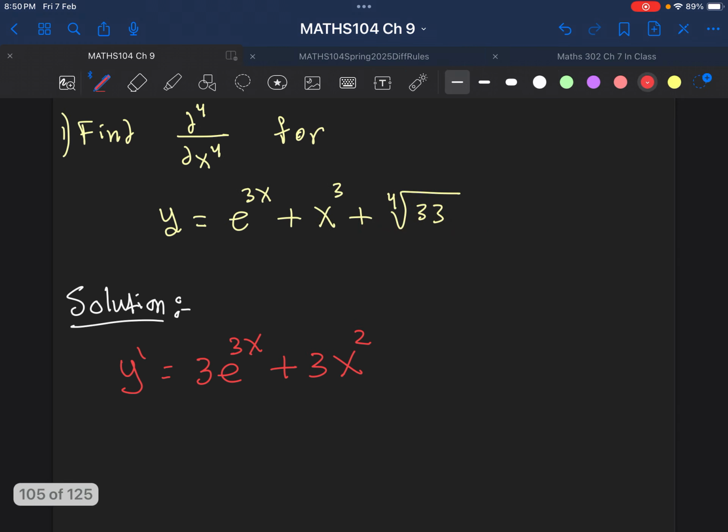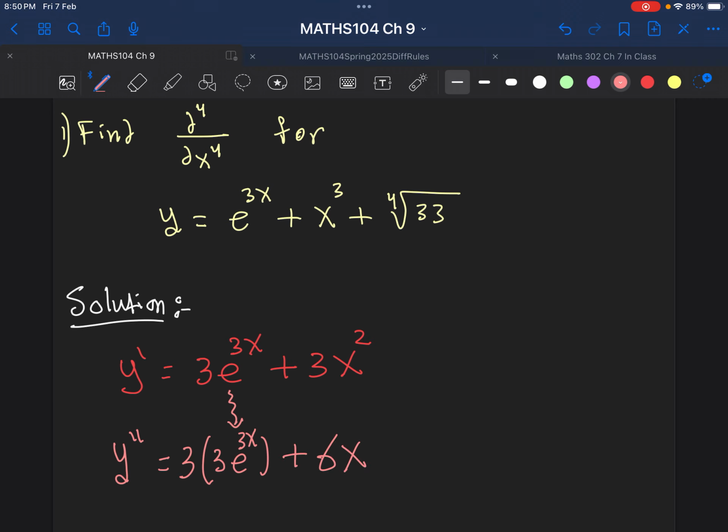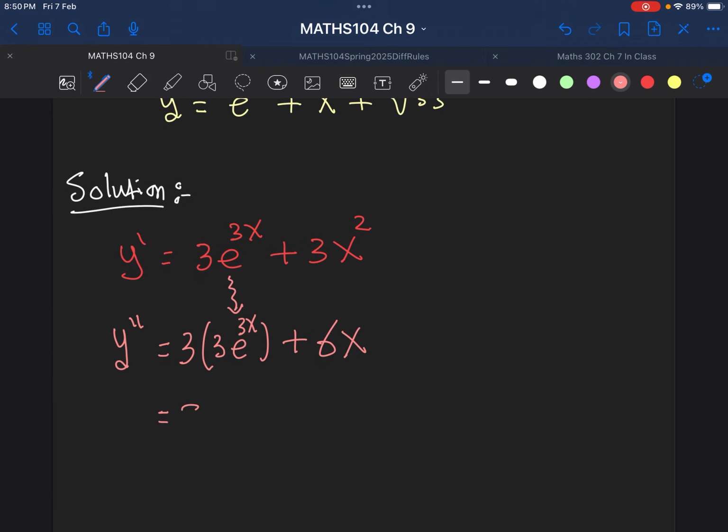Now, next level, let me just use another color so that we don't mix them up. Second derivative, this 3, we will keep it, so it will be 3 times the derivative of this one. Again, it is 3e^(3x) plus 6x. So the final answer here is 9e^(3x) plus 6x.